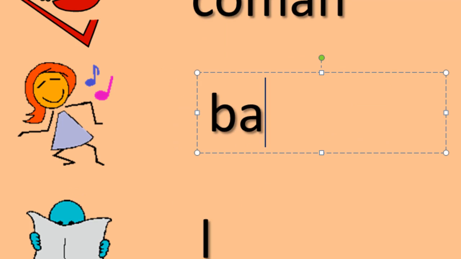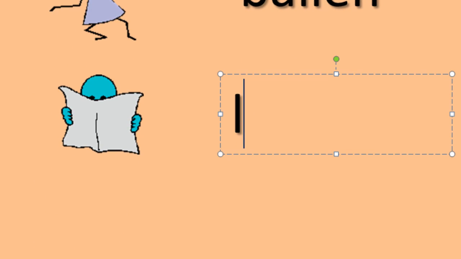Now we have bailar, and we're going to use the opposite vowel here. And we make this bailen. Dance, dance, dance, bailen. What are we going to do with this one? Leer. We need an opposite vowel. Lean.